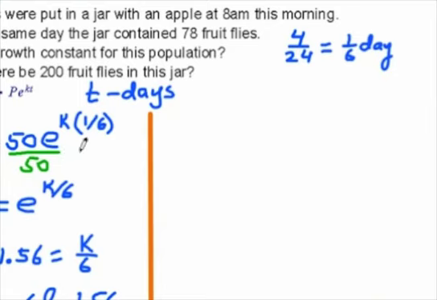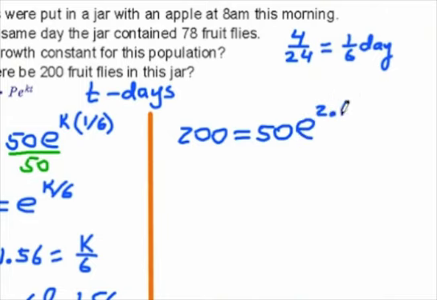So instead of 78 fruit flies, we're going to be looking for 200 fruit flies at the very end. The beginning population is still 50, that can't change, because the growth constant is that 2.67, and it's going to be times t. So the only thing that we don't know here is the t variable.